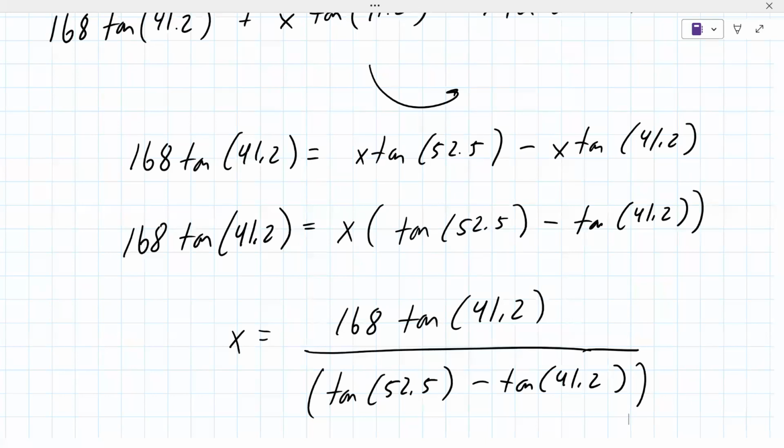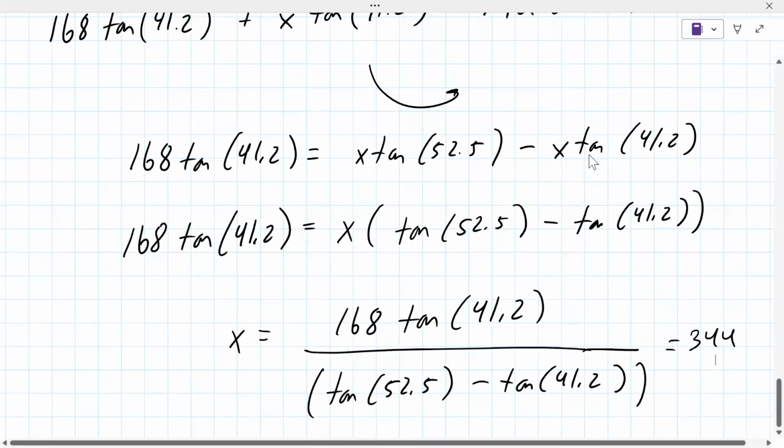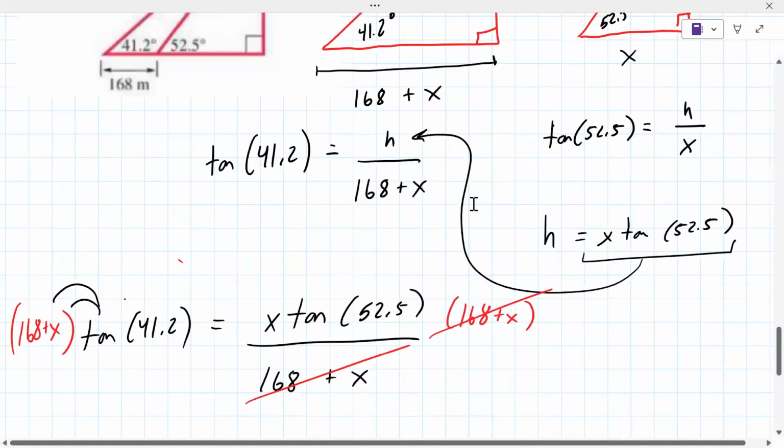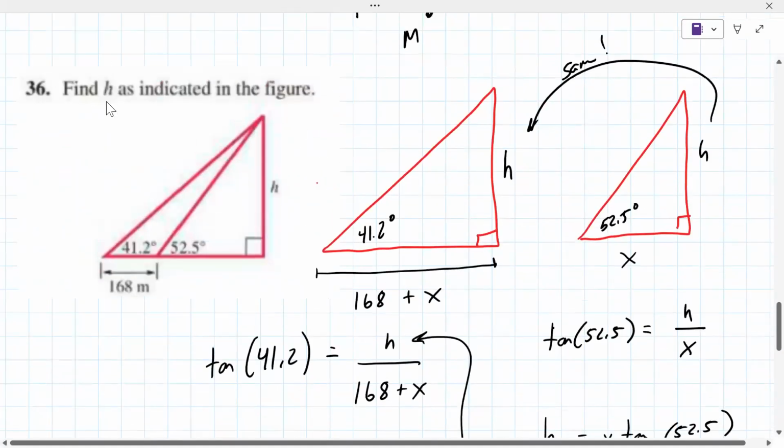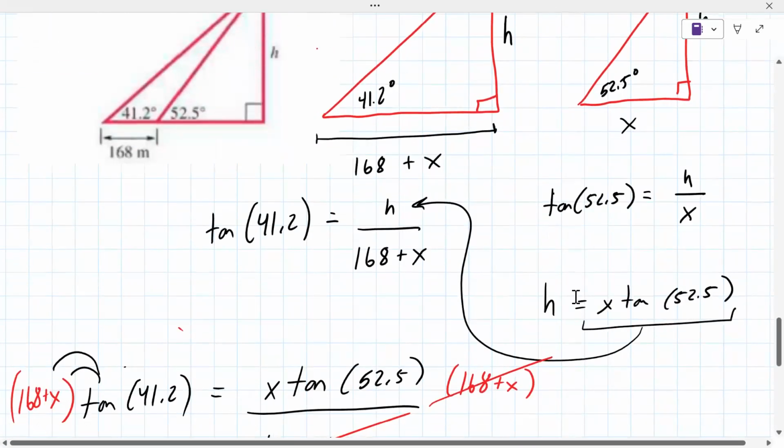I got 343.46. Yeah, it seems reasonable, 344 maybe. Okay. Now that's not the answer. If we go back to the problem, you might ask, what do you mean that's not the answer? They want h. You're not quite done. You've got just a little bit more. h is x tangent 52.5.